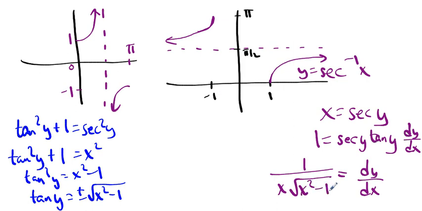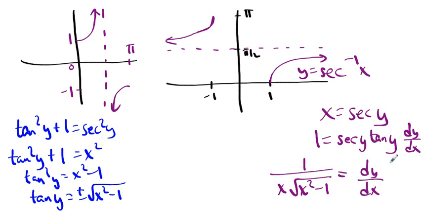So here's where the rub comes in. I want to put a plus or minus out in the front, except that sometimes the x's are positive, and that just gets weird. And sometimes the x's are negative, and that gets weird with a plus or a minus in front. So what do you do with that? Well, if we look at the graph, it's always increasing regardless of where x is.